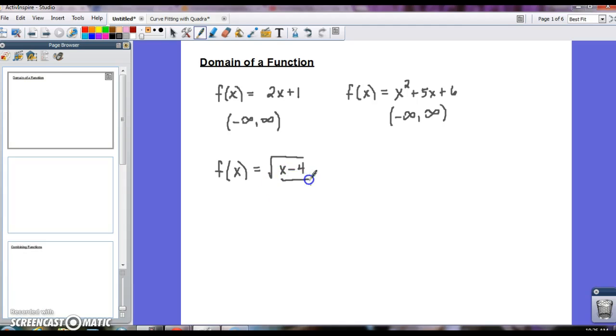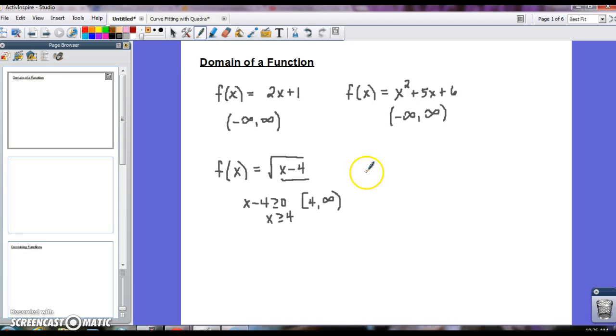So I know that this, x minus 4, has to be greater than or equal to 0, which means x has to be greater than or equal to 4. And so if I were to write that in interval notation, that would mean that x can be anything including or equal to or greater than 4.